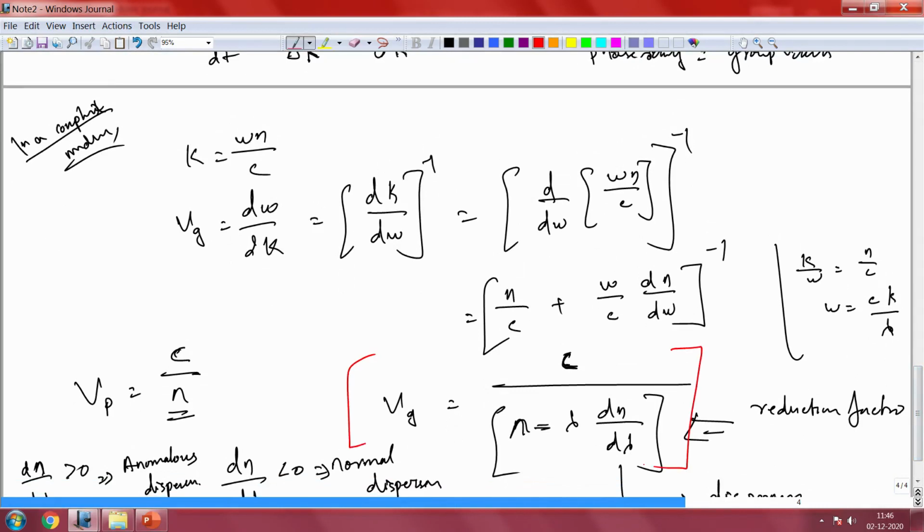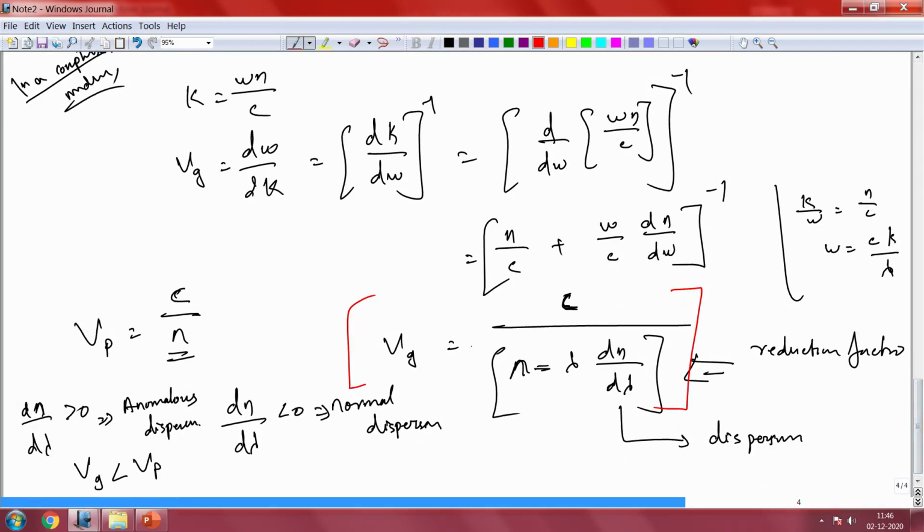your group velocity depends on the refractive index of the medium, but an additional term, because it is a group of waves. And these waves will have different wavelengths, let's say, and because of this difference in the frequency or difference in the wavelength within this bunch of waves, you are going to experience an additional reduction factor in the velocity equation, the group velocity equation we saw.